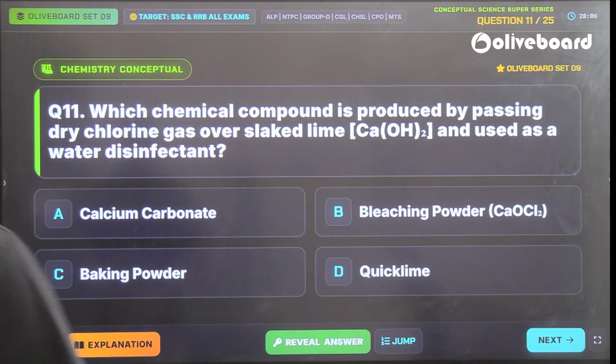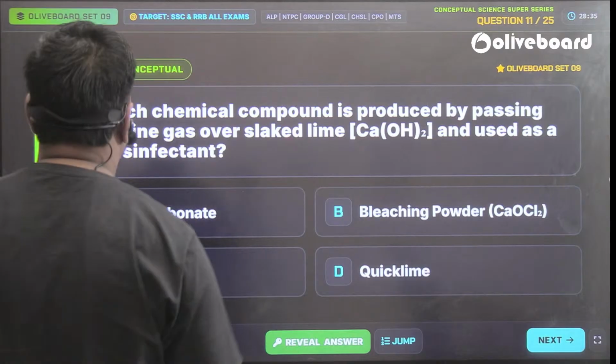Harry is going with C, but Utkarsh is going with B. Guys, what about others? Can you please give the answer? What should be the correct answer? Calcium oxychloride. Ashish is going with B. Okay. Others? So we have two candidates going with B, one going with C.